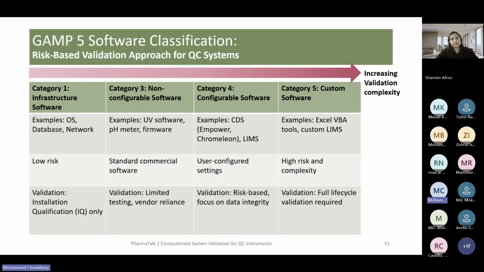For category 3, we can rely on the vendor qualification documents if we use this software as it is. We have to define our intended use or purpose first, then use that software, and accordingly validate that system.